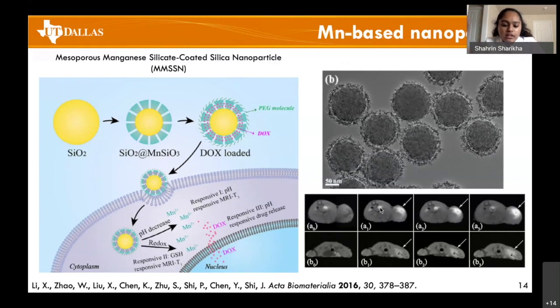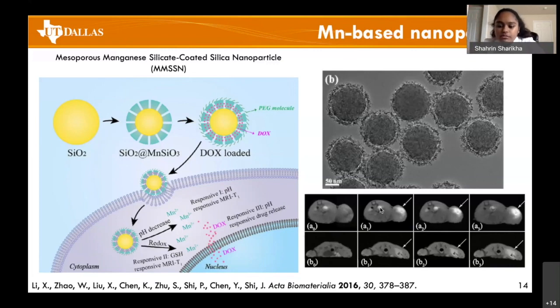On top of that, they went a step beyond in this procedure, and they made this particle responsive to pH. Because of that, whenever the particle was in the presence of a mild acidic environment, it would release the drug.